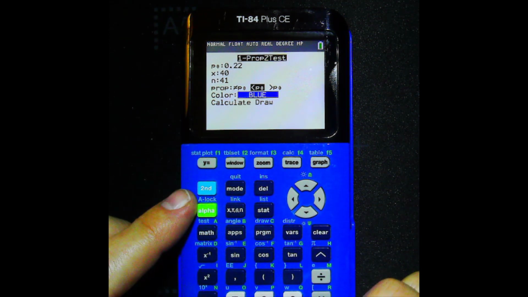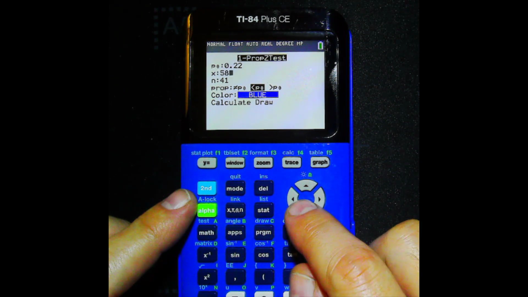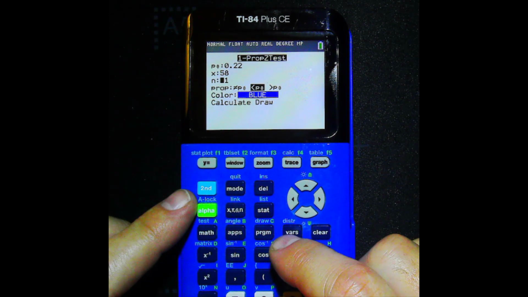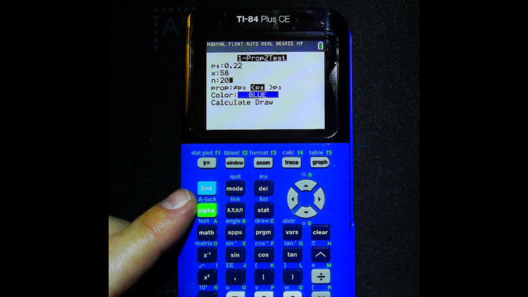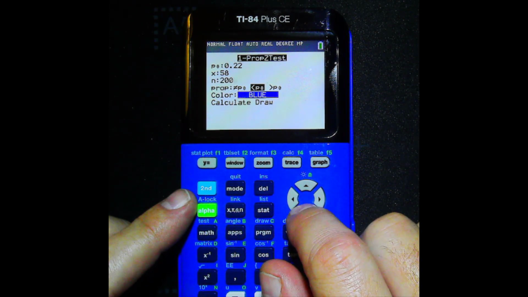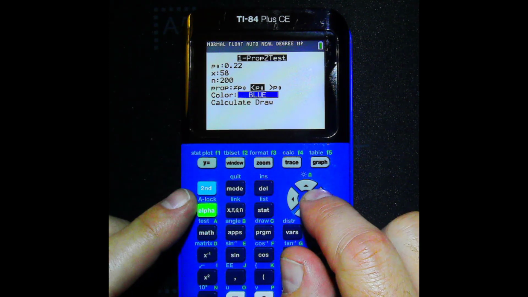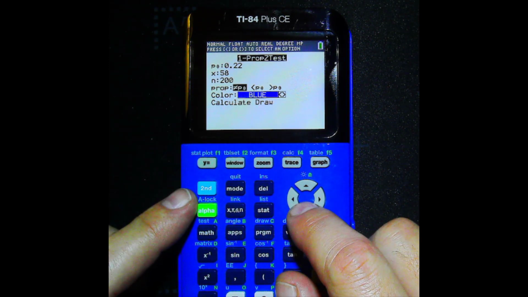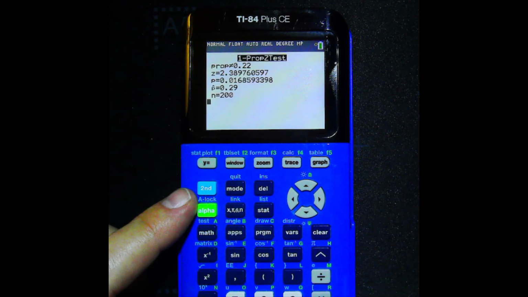And we had 58 successes in 200 trials. The number of trials was 200. And this is a neither higher nor lower test. And so we'll calculate.